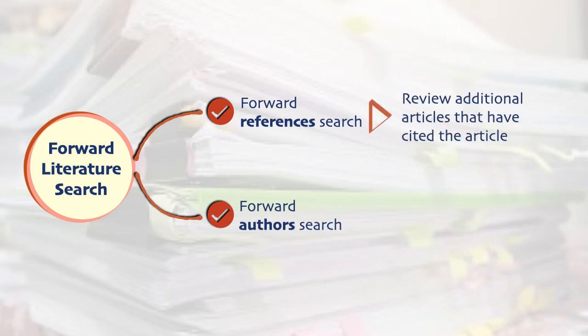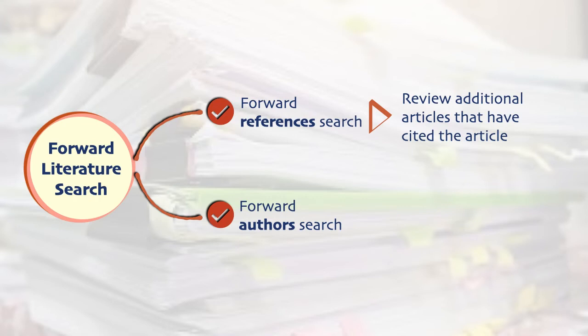Forward references search refers to reviewing additional articles that have cited the article. Doing so will enable us to extend our knowledge even further by locating follow-up studies or newer developments related to the phenomenon under study.